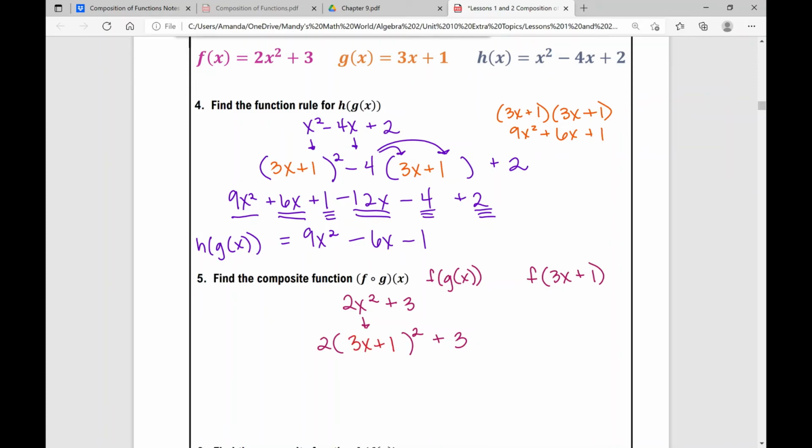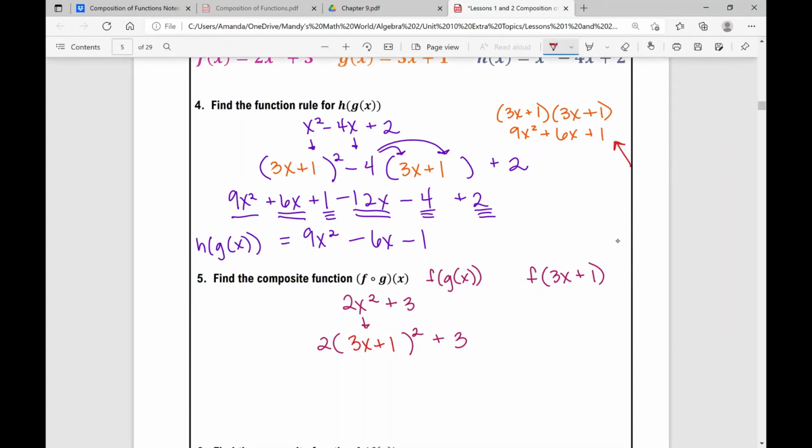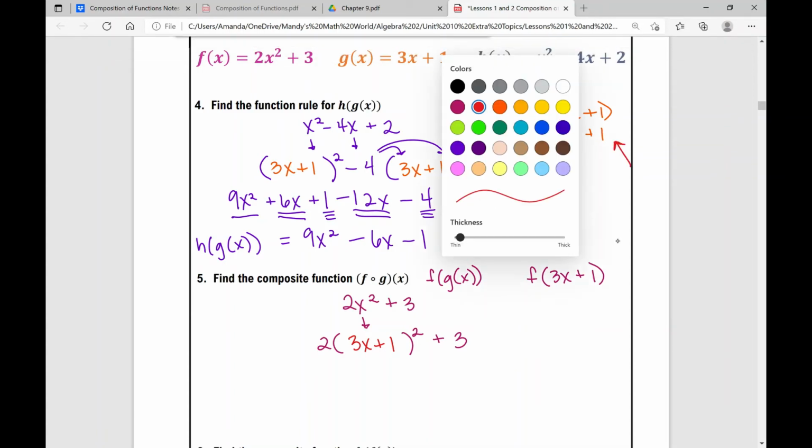And again, 3x plus 1 squared, I'm going to have to do that, right? Using my order of operations, 3x plus 1 squared is what I'm going to do first when I'm simplifying this, and that's right up here, which is 9x squared plus 6x plus 1.